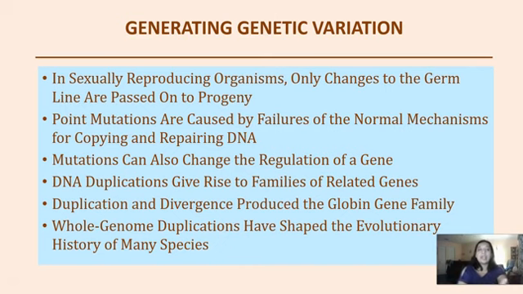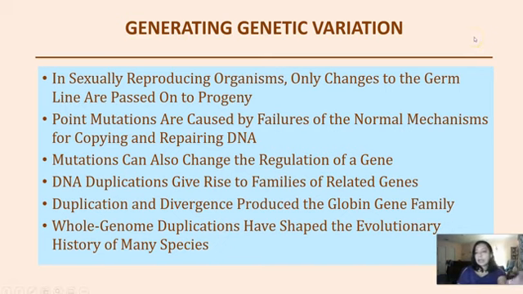So the way we generate genetic variation, again, just to recap, how are some ways that you can do that? In sexually reproducing organisms, one major way to do it is to change the germline cells so that the change or mutation can pass on to the progeny. Again, somatic cell mutations will not get transferred to the progeny and will not have that effect.